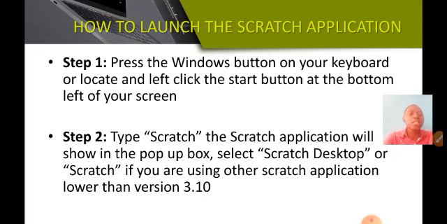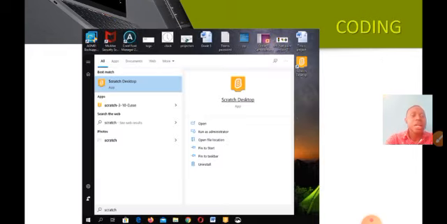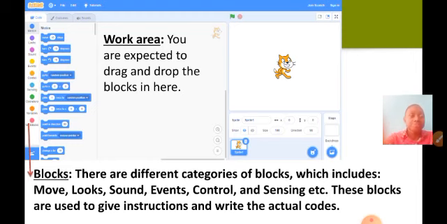But if you have Scratch desktop installed on your computer, you will see it written Scratch desktop, just like this. Once you select it, once you left click on it, the Scratch application will open.